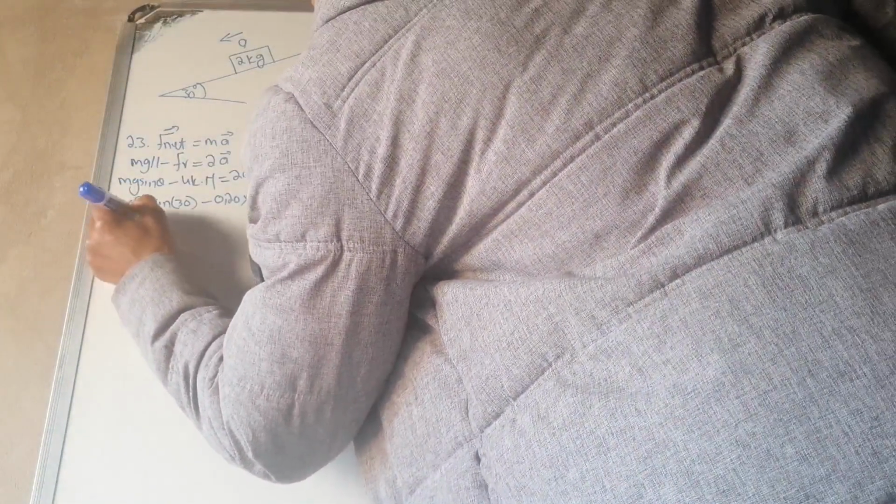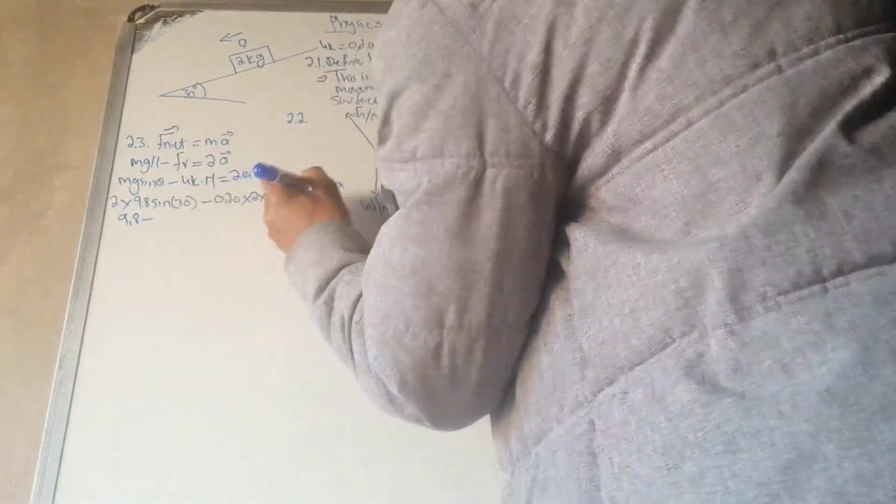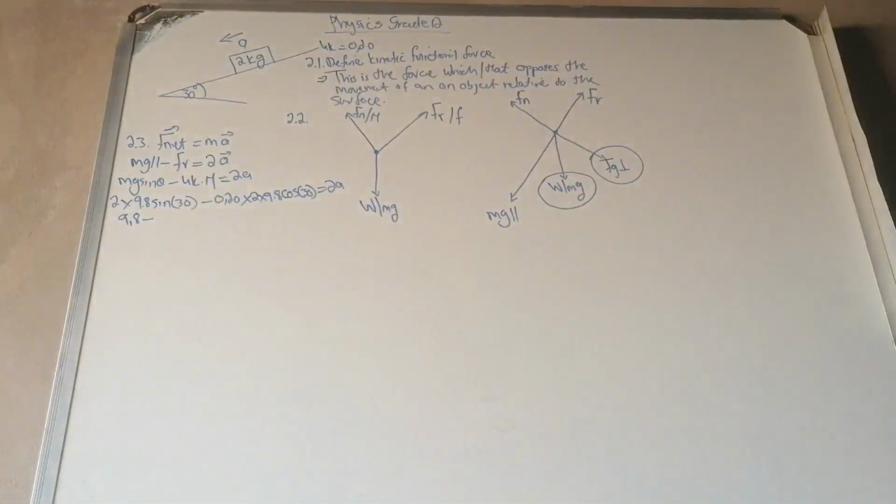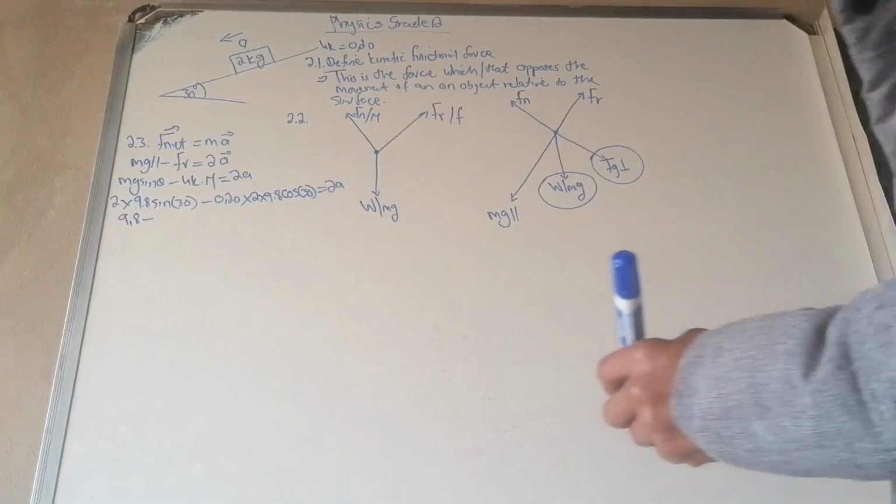Then I'm plugging in 0.20 multiplied by 9.8 multiplied by the cosine of 30, and we find a value of 1.697.